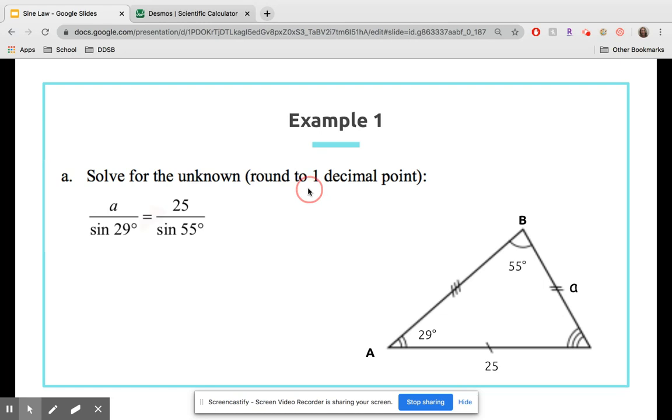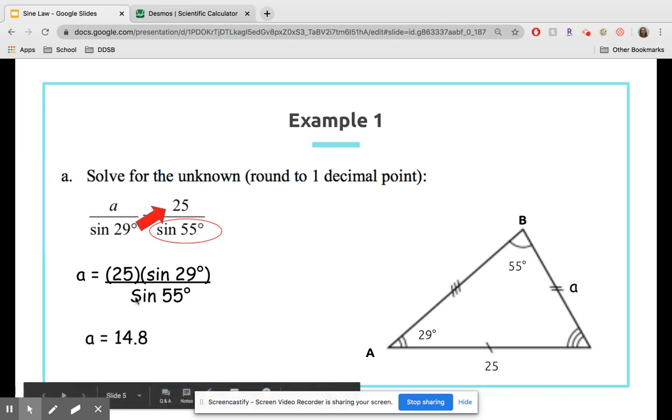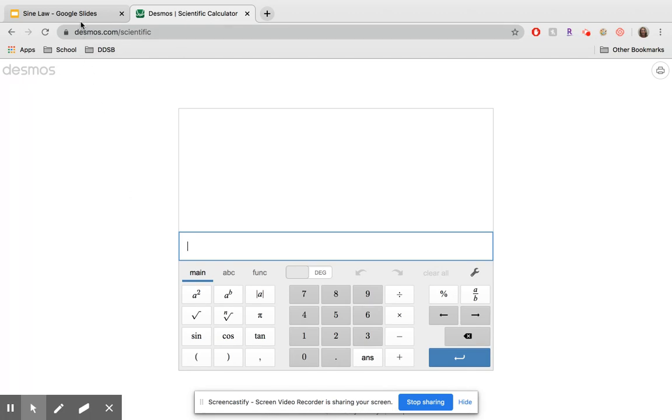So we cross it over, multiply those two together, and then divide by what's left. So I've got 25 times sine 29 divided by sine 55. This gives me 14.8. When you enter this into the calculator, you can use the decimal scientific calculator. We go 25 times sine 29, then put this in brackets.